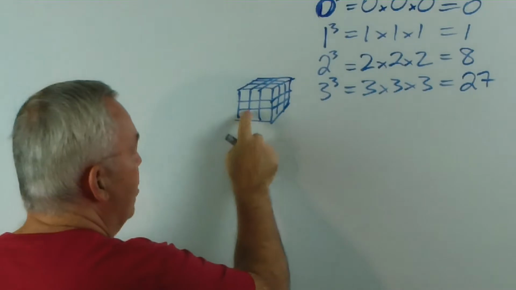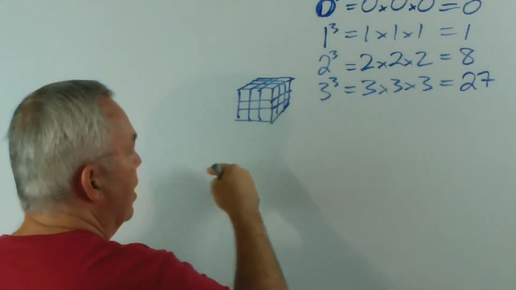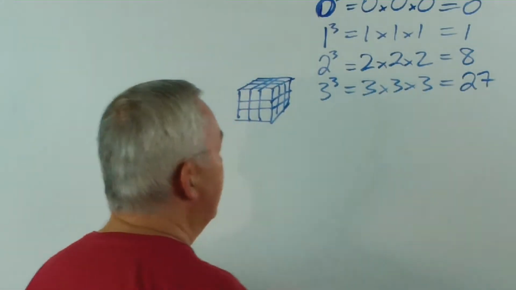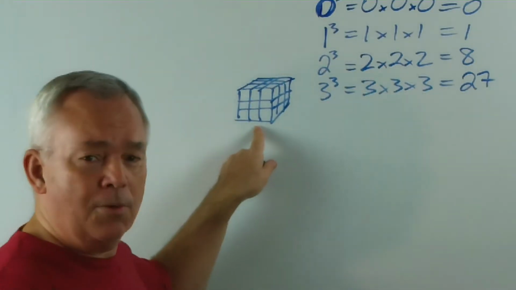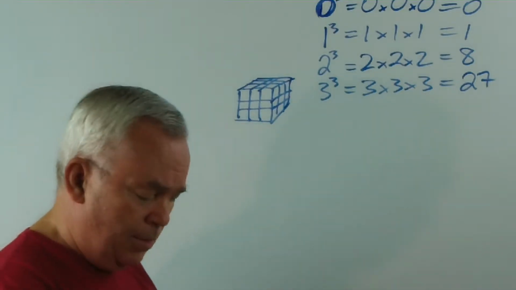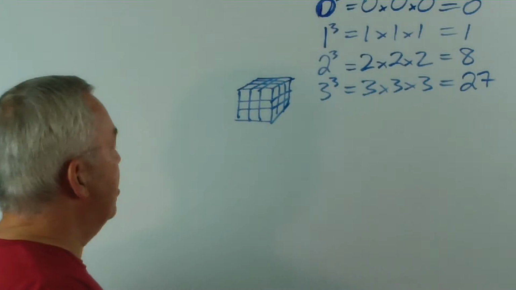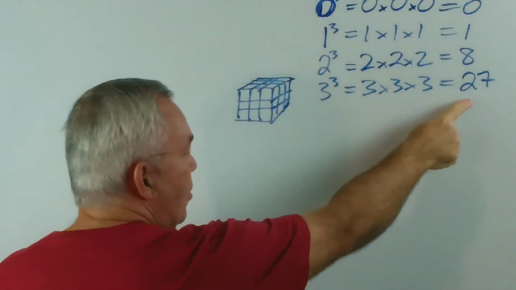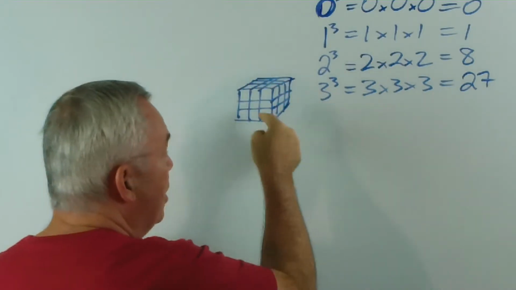And I think you can see that if you've got 9 cubes on the front, and 3 layers of them, 9 by 3 is 27. Whenever I see 3 cubed, I think of Rubik's Cube. I don't know whether some of you are good at manipulating Rubik's Cube. It was a bit of a craze some years ago. But that's the number of cubes in a Rubik's Cube, including the one in the middle.